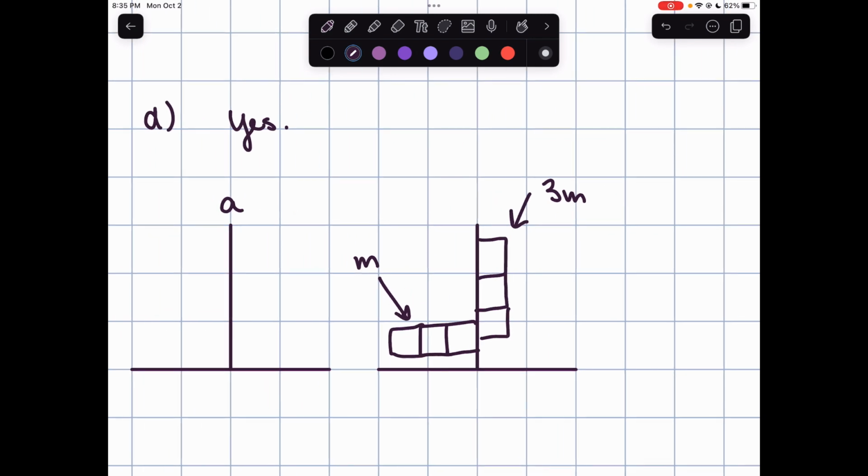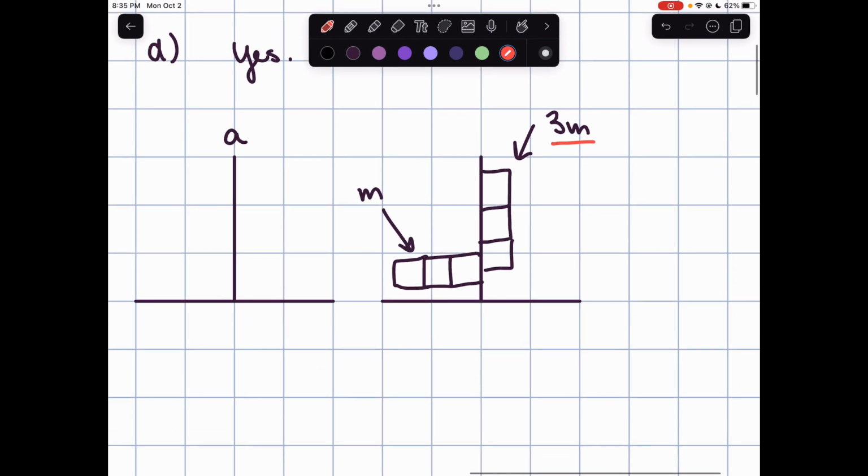Then, at point B, when they're moving in opposite directions, we know that B has about 3 times the mass of A. So we have 3 boxes wide with 1 box to show it's moving at a velocity of 1 box, but it has a mass of 3 boxes. However, with m, it has a mass of 1 box, because this should be 1/3 of 3m, and we know it's moving about 3 times faster than the 3m mass.